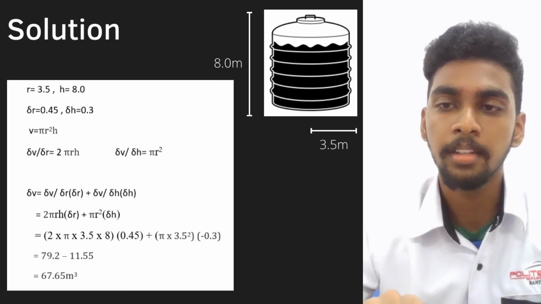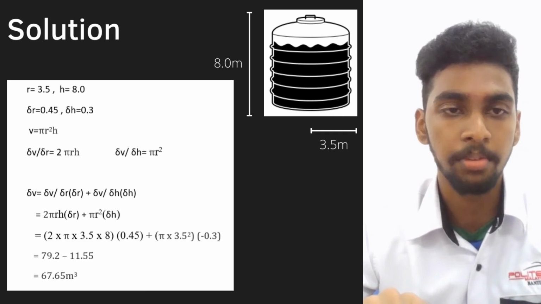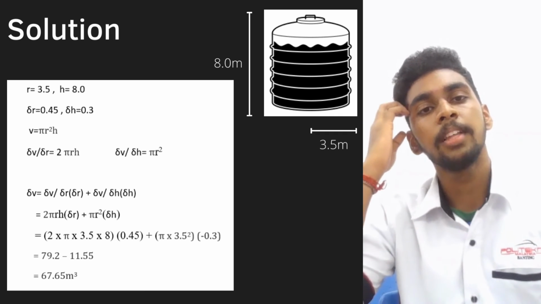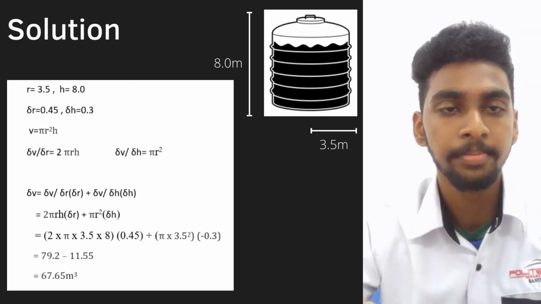And then we can get 79.2 minus 11.55, and the final volume that he wants to achieve is 67.65 meter cube.